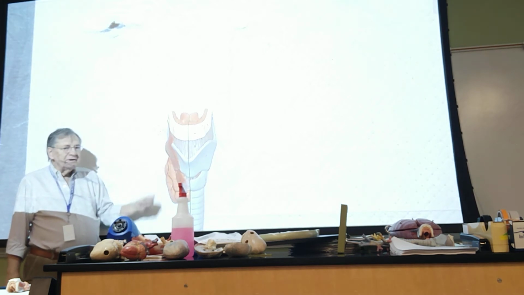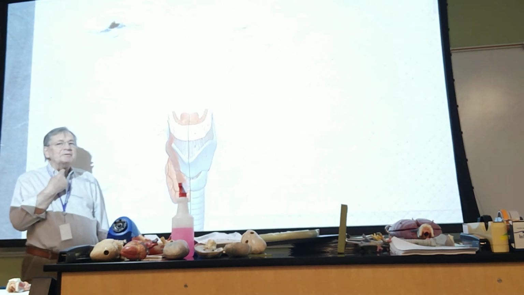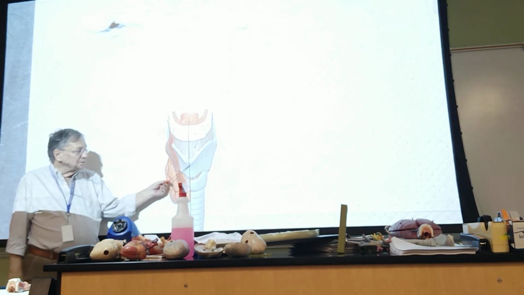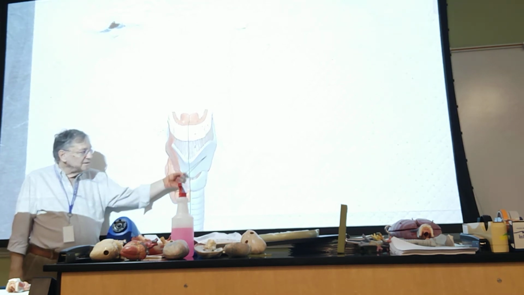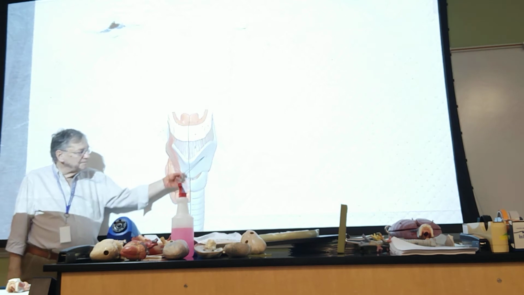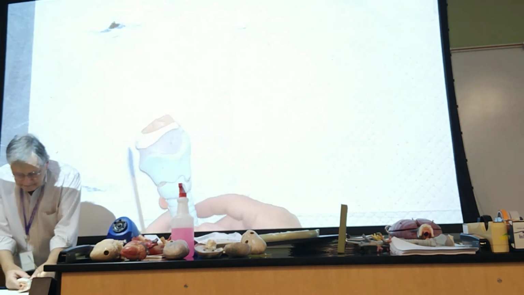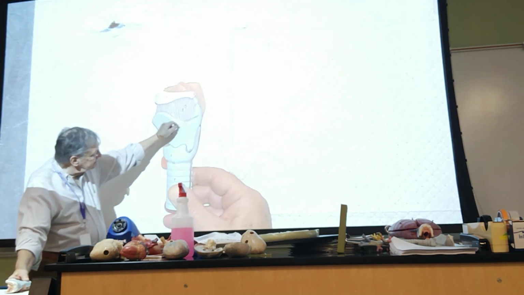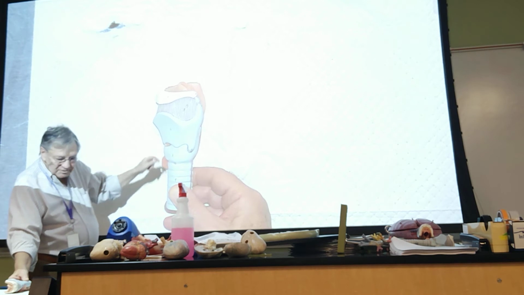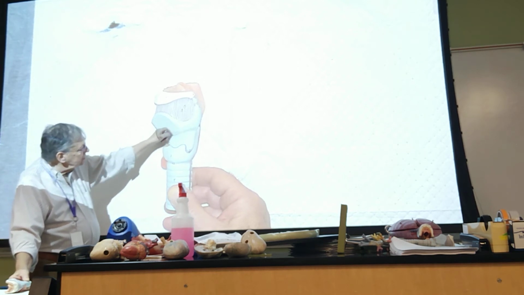This is actually what forms the Adam's apple. This point right there of the thyroid cartilage. It also comes up the side. Okay? So all that is thyroid cartilage.